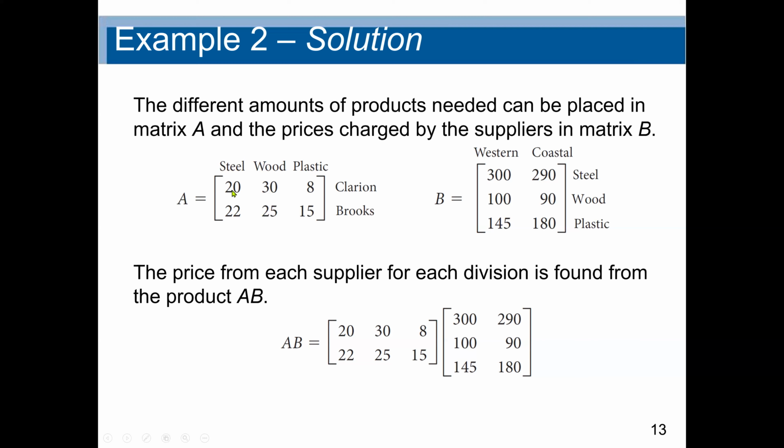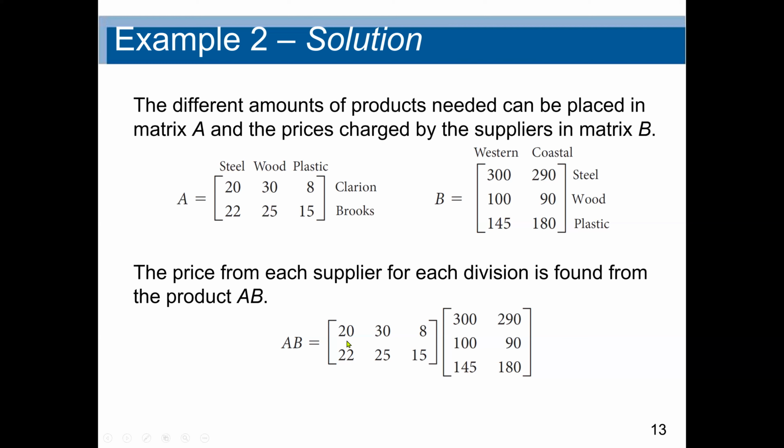Now we can see here, the first matrix A, we have 3 columns. Good. The second matrix B, we also have 3 rows. Okay, then we can do the multiplication, since the number of columns of the first matrix is equal to the number of rows of the second matrix. You can do the calculation.